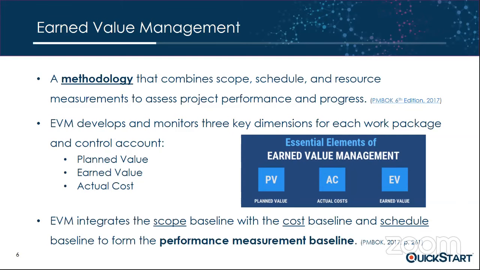And EVM integrates the scope baseline, the scope of your project, the cost baseline, the cost of your project, as well as the schedule baseline. So it takes this baseline information of scope, cost, and schedule, and these 3 variables form what's called your performance measurement baseline.